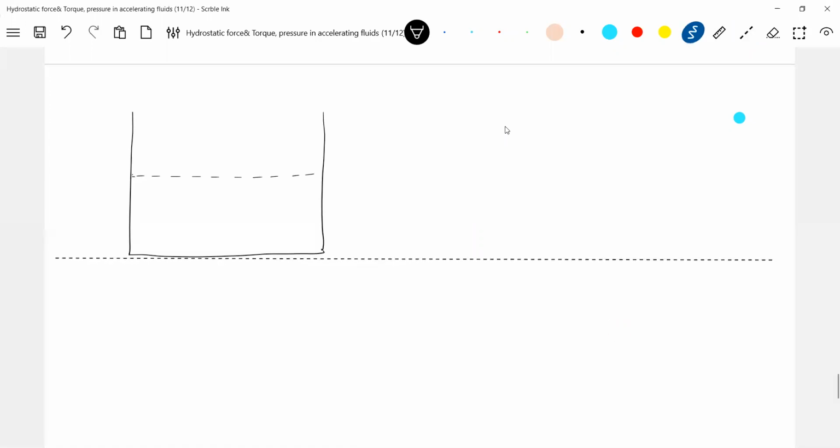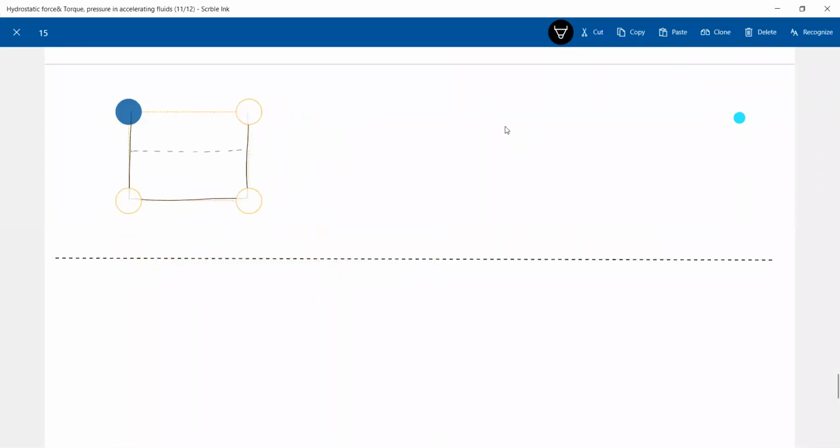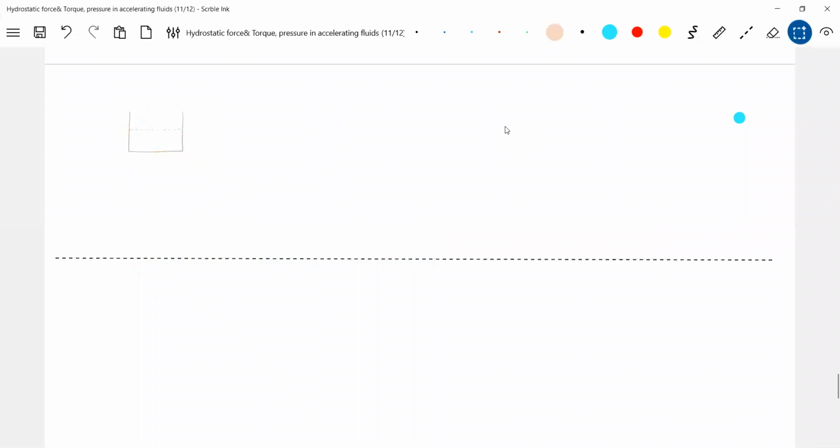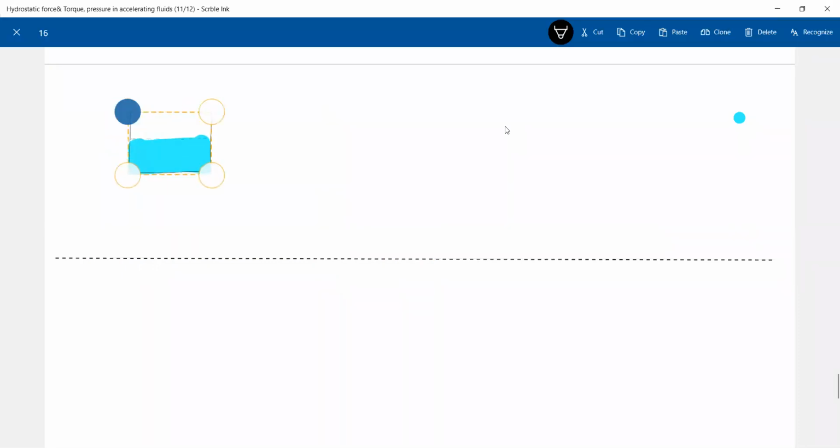And then I'm going to accelerate it. Let's say that it's not a closed container, no? It's not a closed container. Now what changes are we going to bring in now?